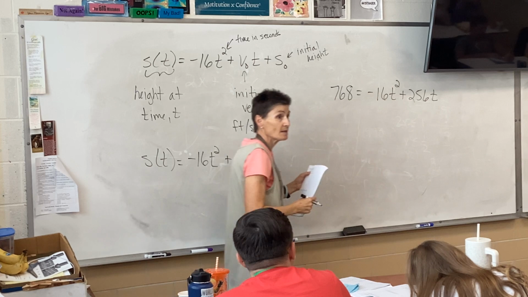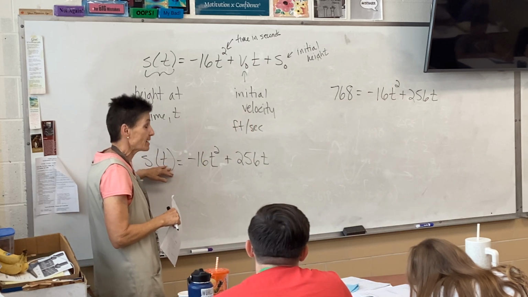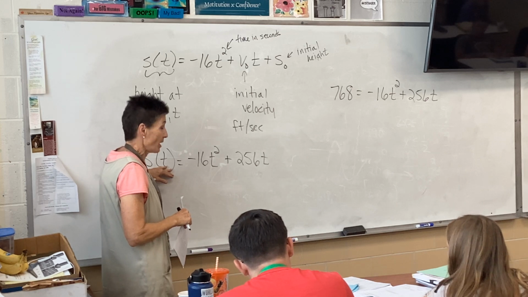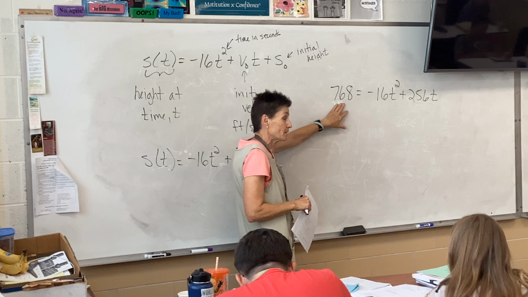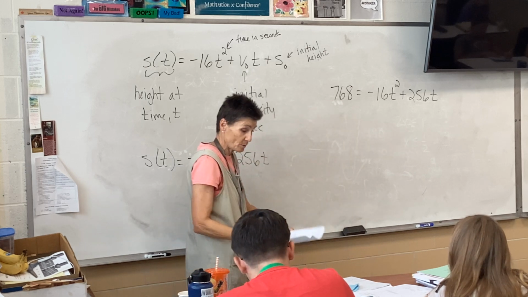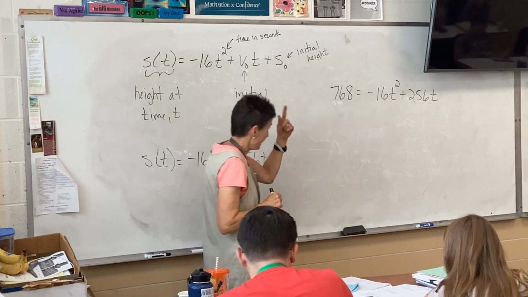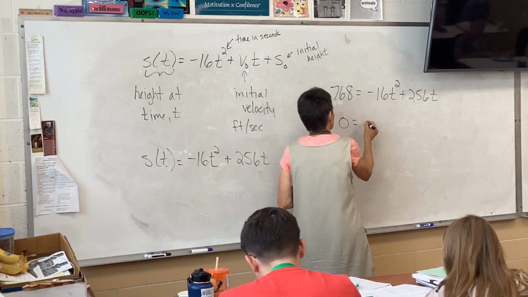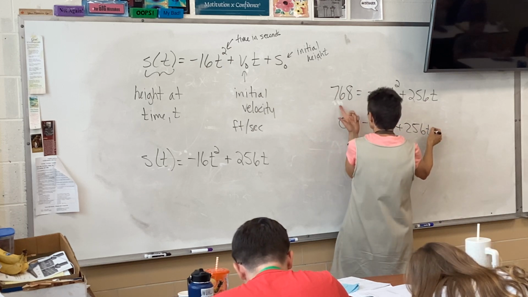Does that make sense? What is this variable right here? This is your height at time t. I gotta figure out what the t is that's gonna make the height 768. So take a look at that equation. What do you think we should do? It's a quadratic, so let's get that guy over.